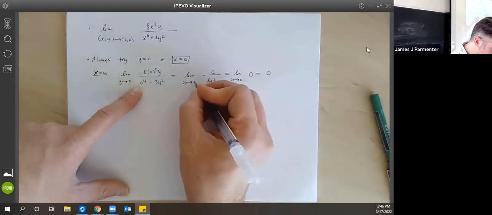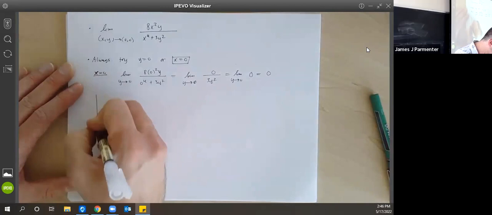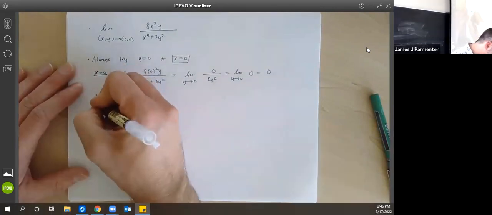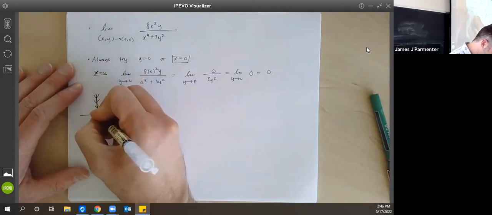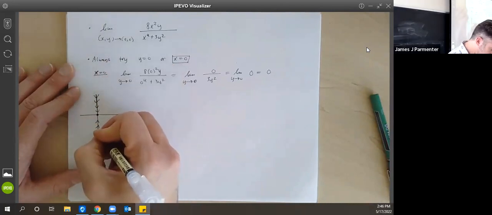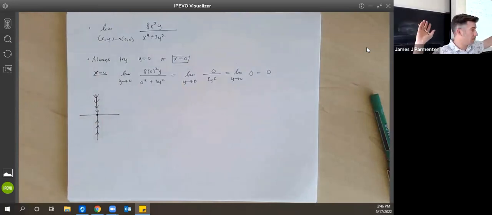Okay, so graphically, I'm on the line x equals 0, right? So I'm on the y-axis here, and I'm approaching the origin, because that's what we started with: (x, y) goes to (0, 0). So I'm approaching the origin on this line. x is already 0, I can't move off the line.